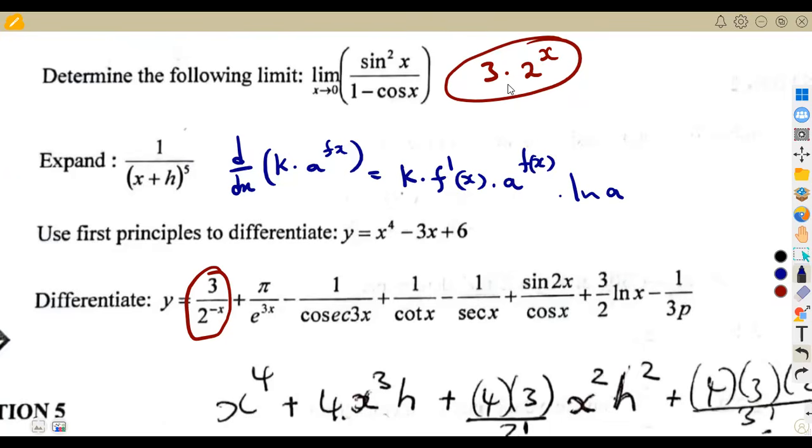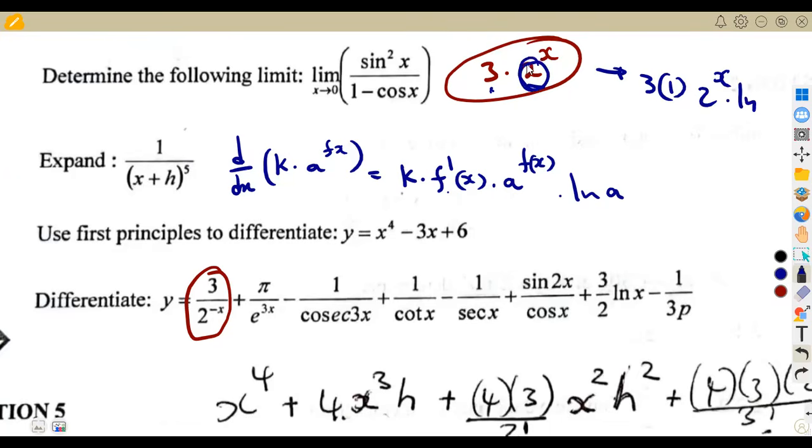Meaning to say here, our k is the constant, which is 3. So we're going to have this as 3. The first derivative of our f of x, which in this case is x, is just 1. This one remains as it is, 2 to the exponent of x, times the ln of a.